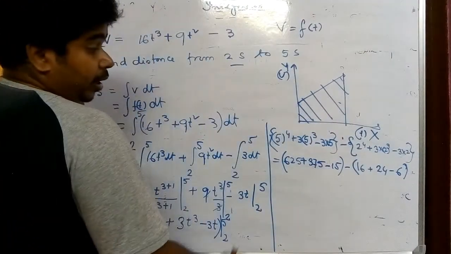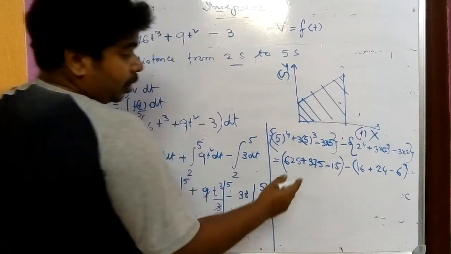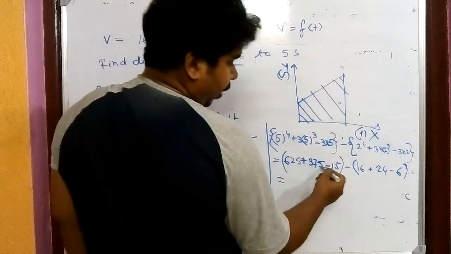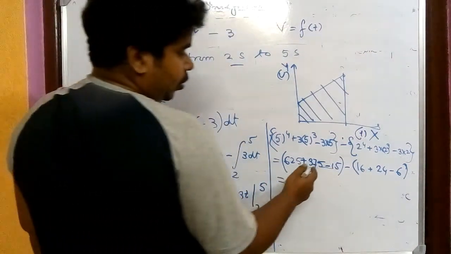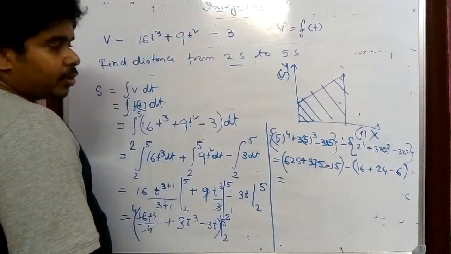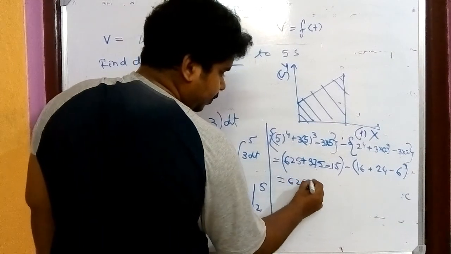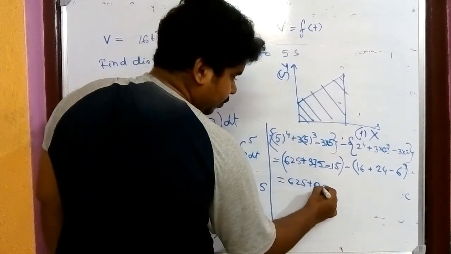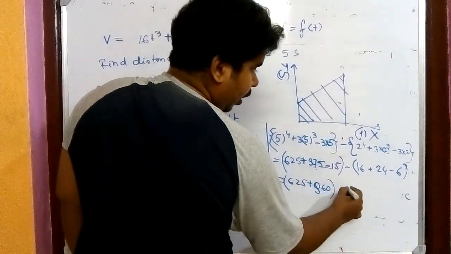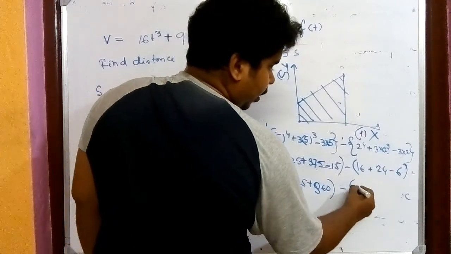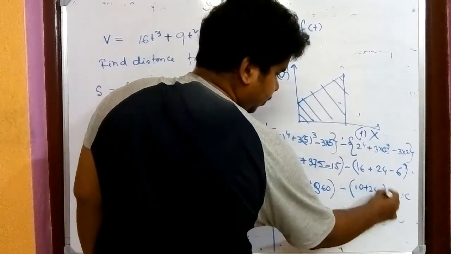Okay, and now write the value. If we add it, minus it first, so it will come directly 360 plus 625 minus 10 plus 24.